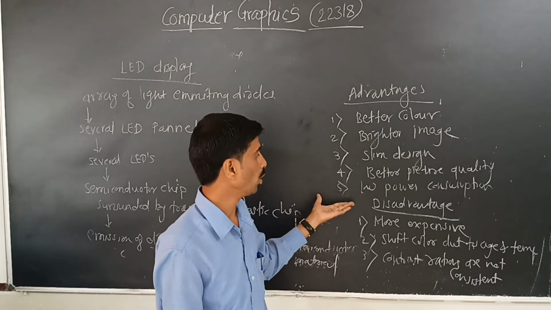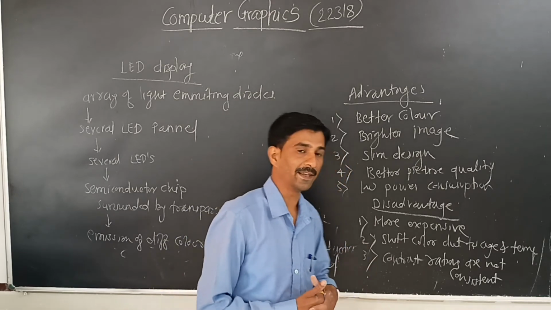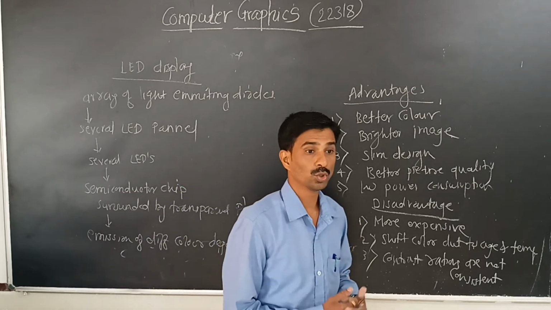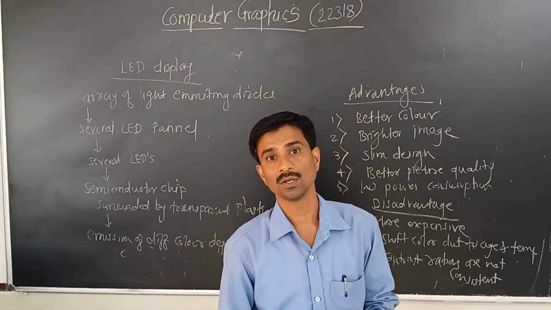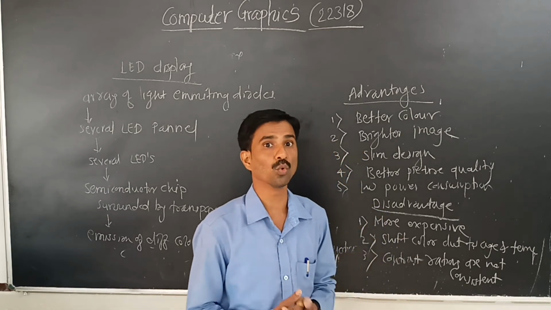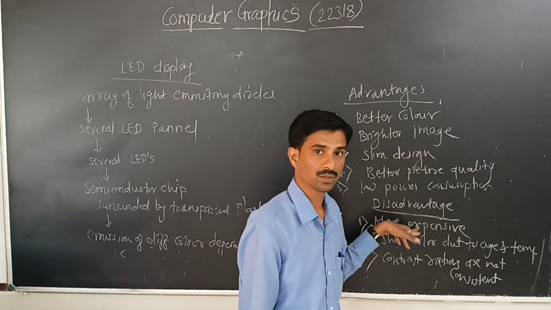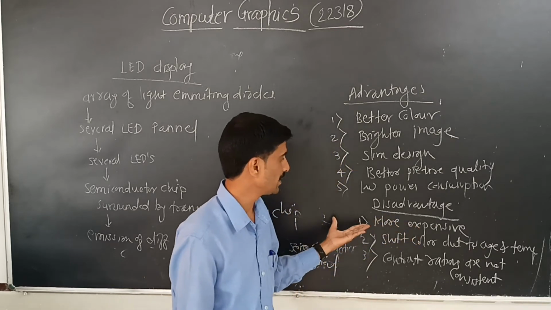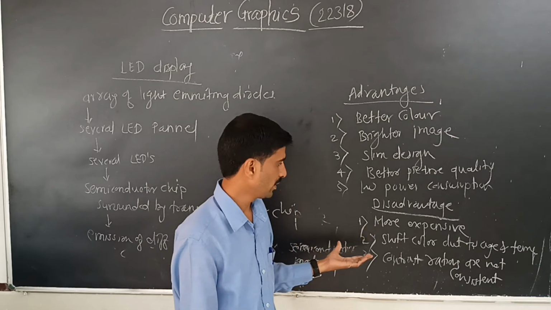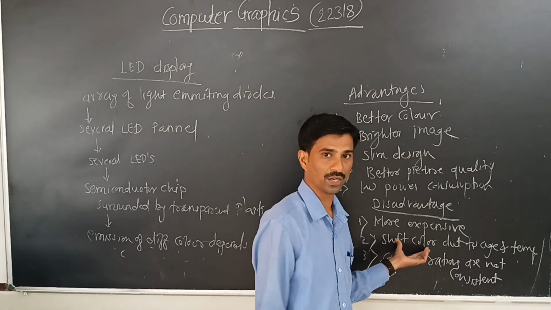It requires low power. So these are the advantages of LED, and the disadvantages of LED are the cost for buying these devices is more compared to other devices. That is, LED display devices are more expensive. Then it shifts color due to age and temperature.